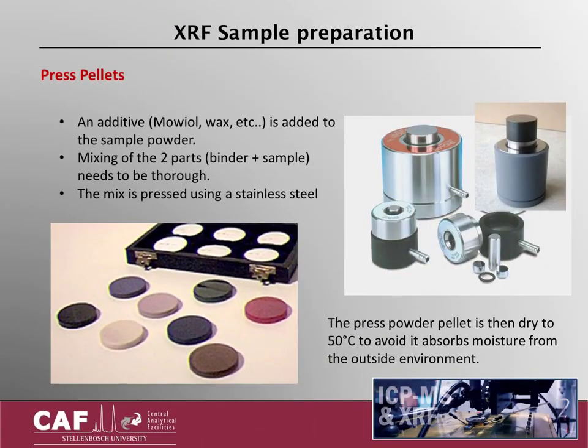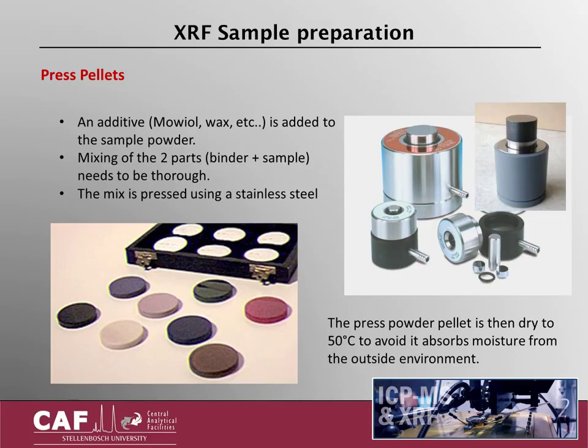A pressed powder pellet is ideally used to analyze trace elements, as the dilution ratio of flux to sample in a fused bead may be too large, or to avoid the loss of certain volatile elements during the pre-oxidation or fusion process. The first step in making pellets is to mix the dried sample powder with a binding agent.